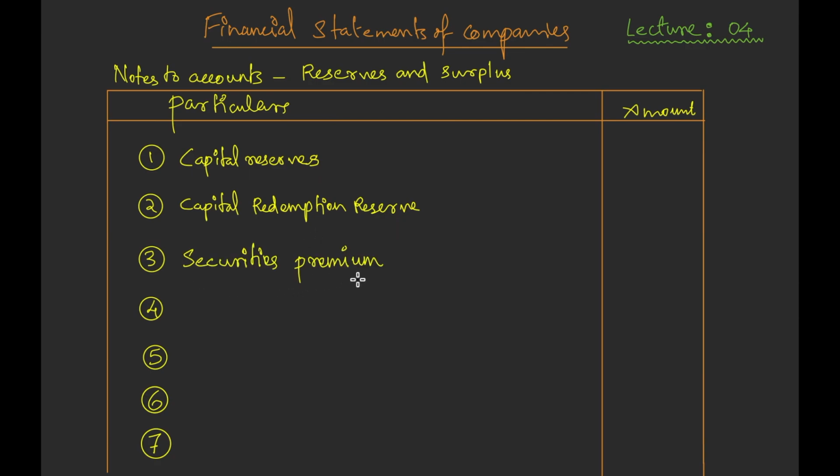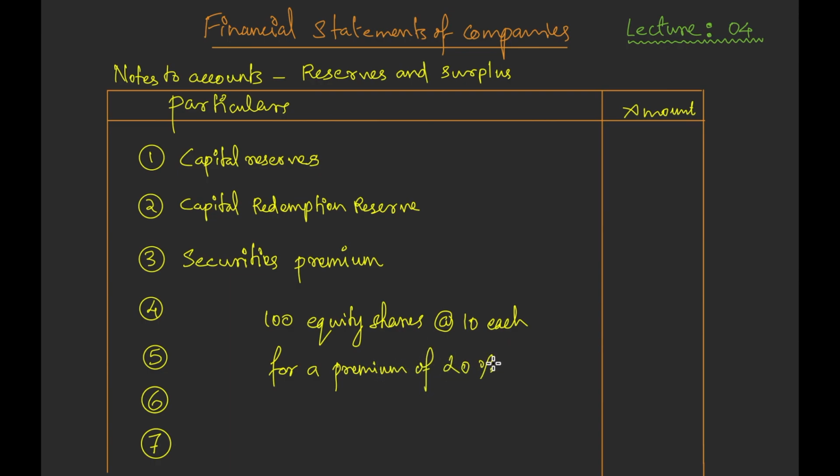Securities premium. Suppose the company is issuing 100 equity shares at 10 rupees each for a premium of 20%.